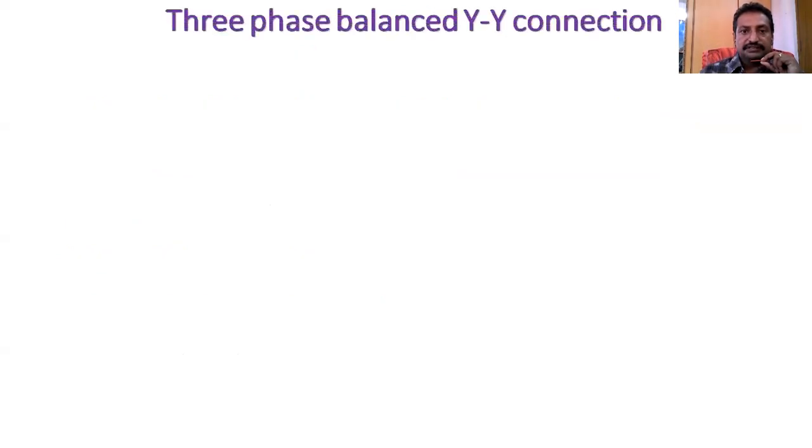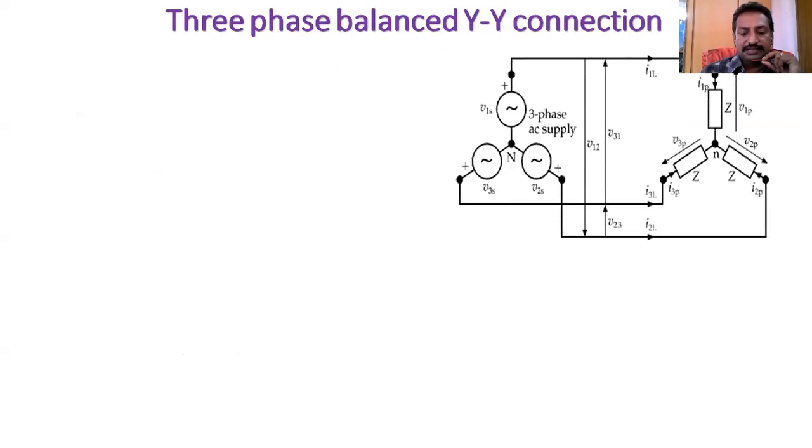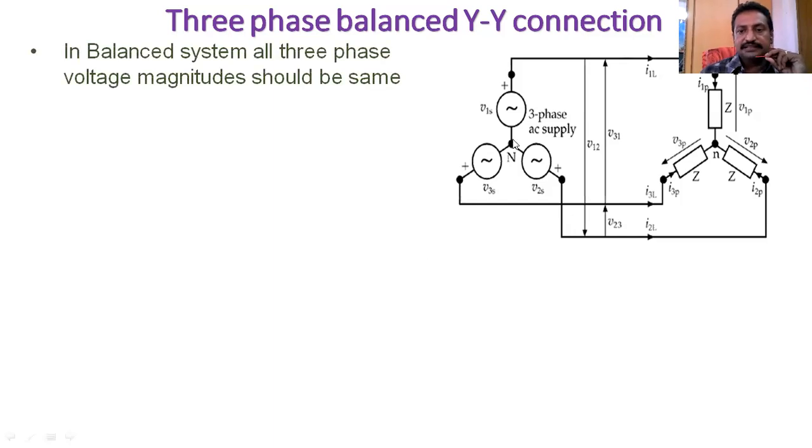First, we start with the three-phase balanced star-star connection. Already we learned what a balanced system is. If the three voltage magnitudes or impedances, the loads, are of equal magnitude, it is called a balanced system. Here, this is the three-phase balanced star-star connection: this is the source side and this is the load side.